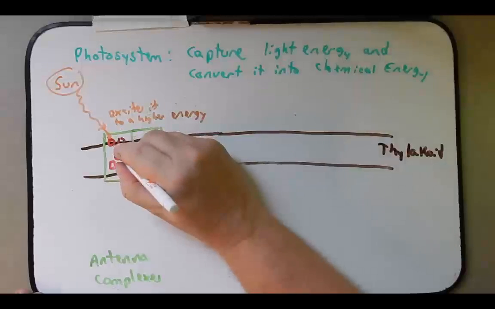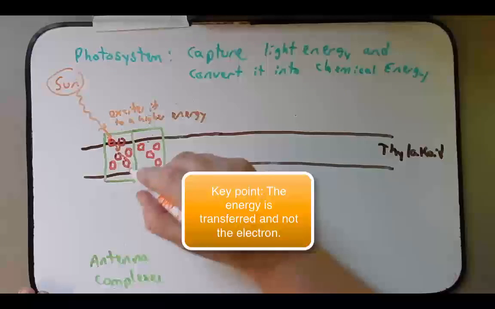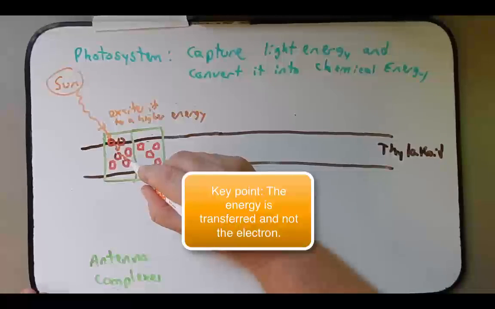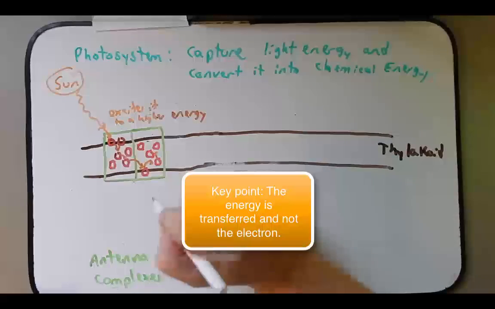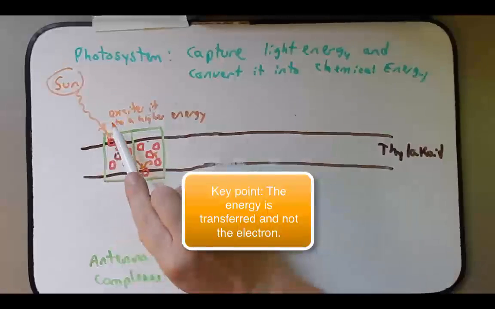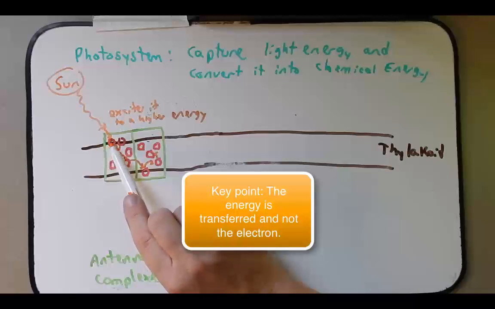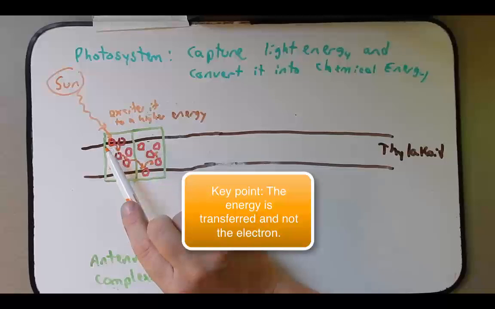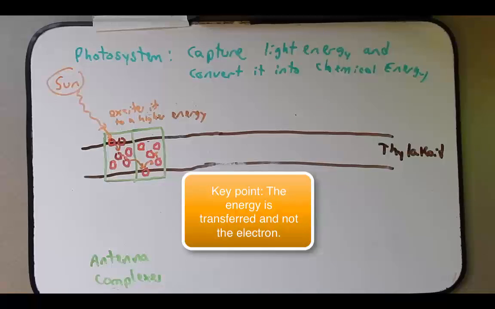It does so by passing it on to chlorophylls that have a lower energy, either within an antenna complex or between neighboring complexes. The goal is to move that unstable, high energy from a chlorophyll molecule with higher energy and less stability to one that has lower energy. By moving it to one with lower energy, you reduce some of that overall instability.